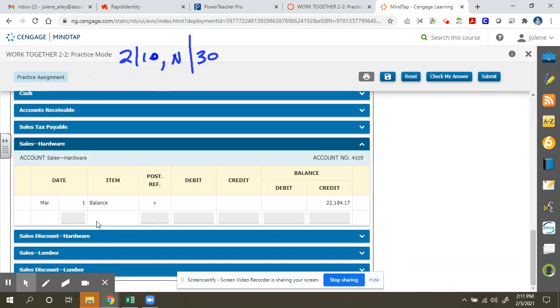So we go down here, sales, credit for hardware, 73,079.12. It already has a credit in there. Credit and credit add together, they're the same thing. We add them.